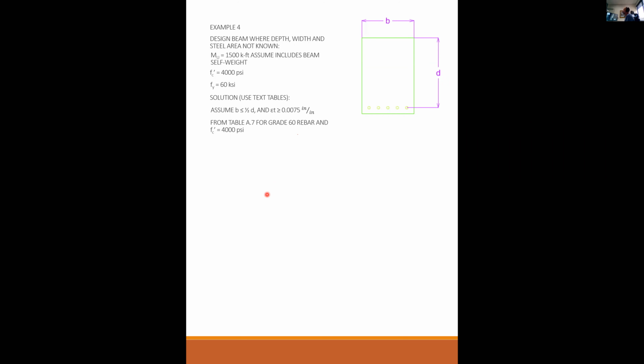From table A.7 for grade 60 and f prime c equal to 4,000, we get rho equal to 0.138. Let me clarify that 0.138. Let me open the text. If you have your text in front of you, please open to table A.7.